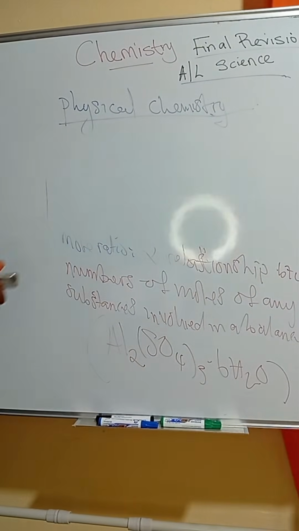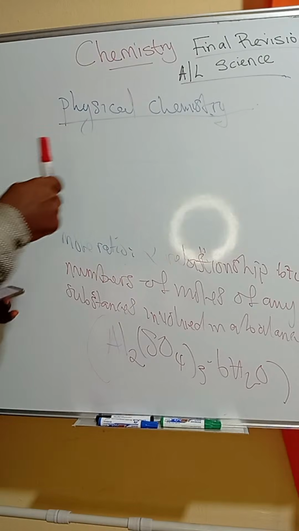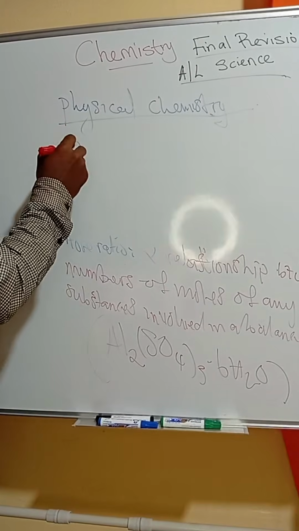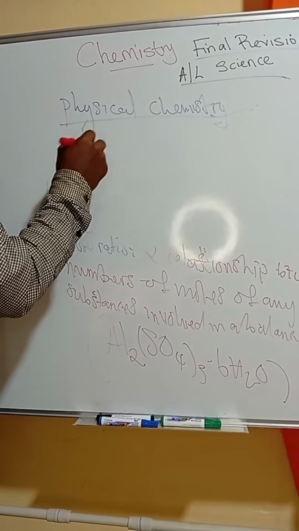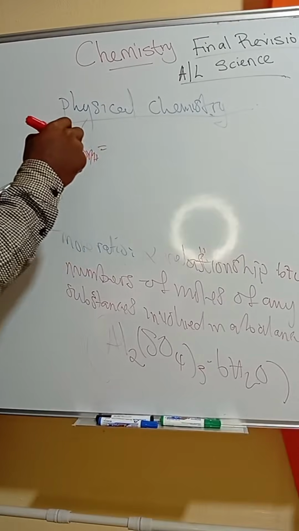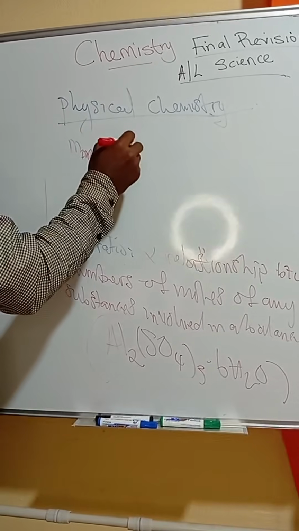Good. So first of all, the mass of hydrated aluminum sulfate has been given to us. That is, the mass is equal to 9.0 grams.